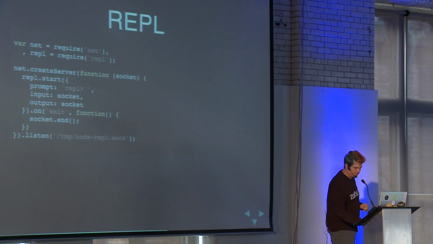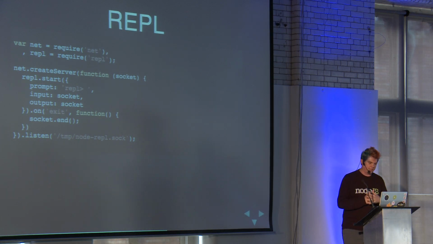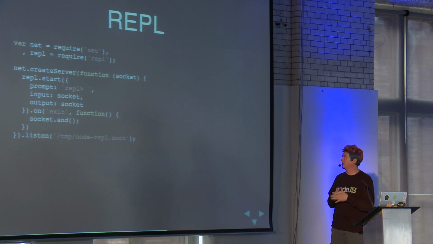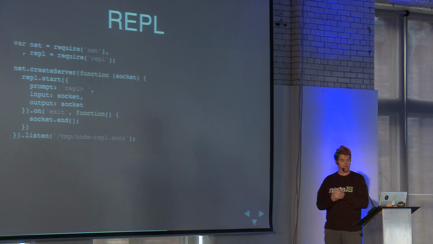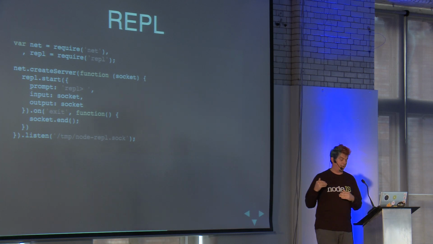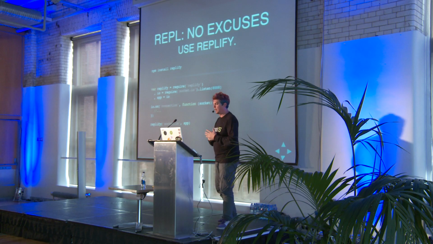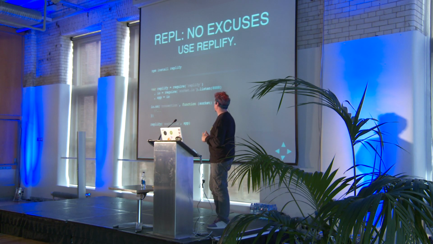Okay, so the next thing you want to absolutely put into your application is a REPL. You will thank me if you do this. Every one of our production applications has a REPL in it, and it is a fantastic way to go in and see what's going on with your process. I've got a couple of modules that are extremely useful.